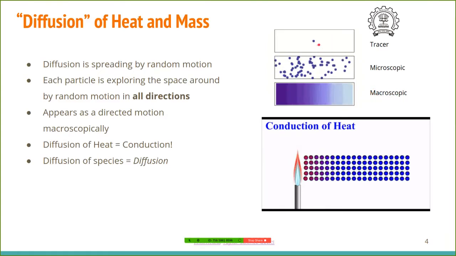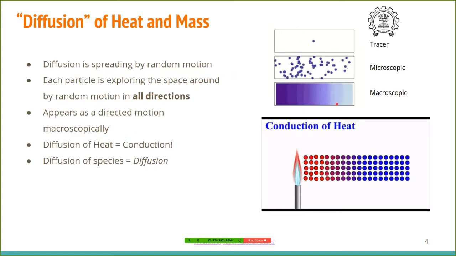What is shown here is just one of these dye particles. If you observe this dye particle before time t equal to 0 and after time t equal to 0, it is still moving in some random motion. So essentially, all the molecules are individually moving randomly. They're not having a directed motion.